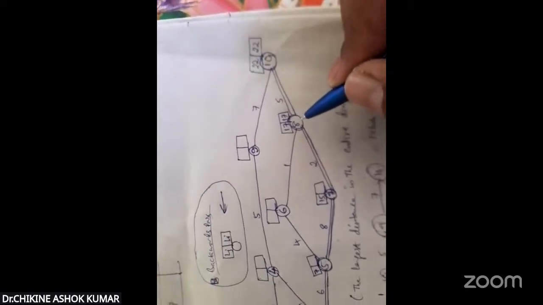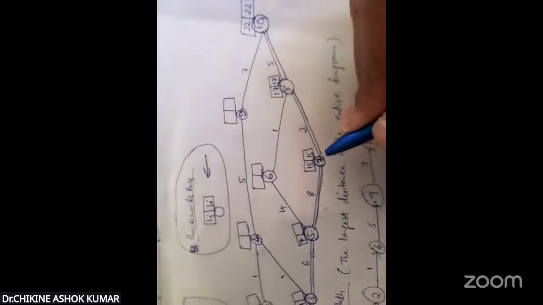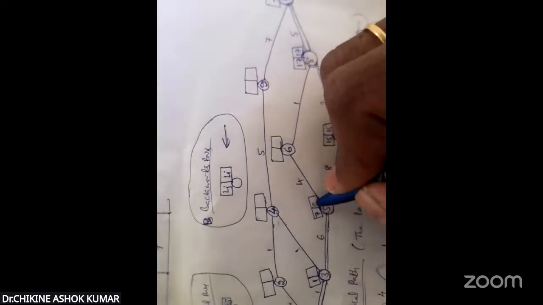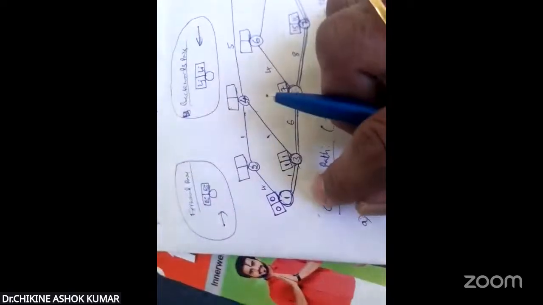22 minus 5, 17. And 8 to 7, 17 minus 2, this is 15. Next, 15 minus 8, this is 7. 7 minus 6, this is 1. 1 minus 1, this is 0. So for the initial event, the earliest starting time and the latest starting time must be equal, that is 0, 0.